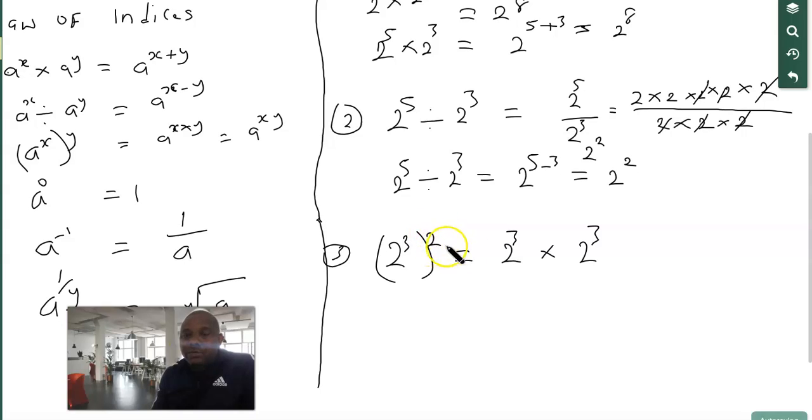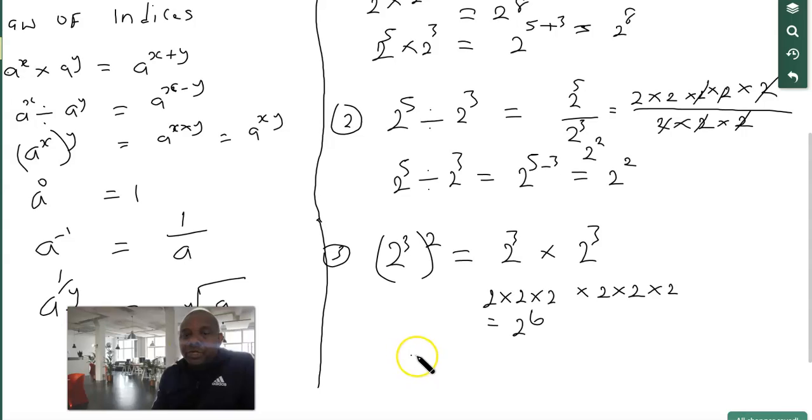The square means two places, so it will be 2 times 2 times 2 times 2 times 2 times 2, which is equal to 2 raised to 6.